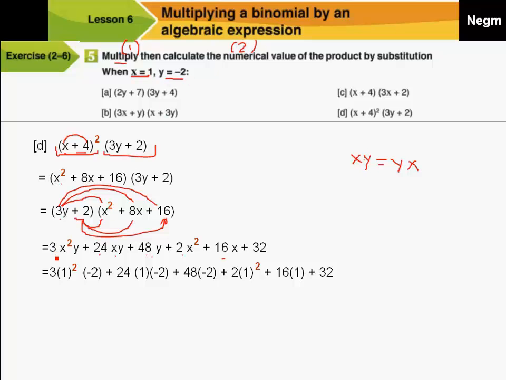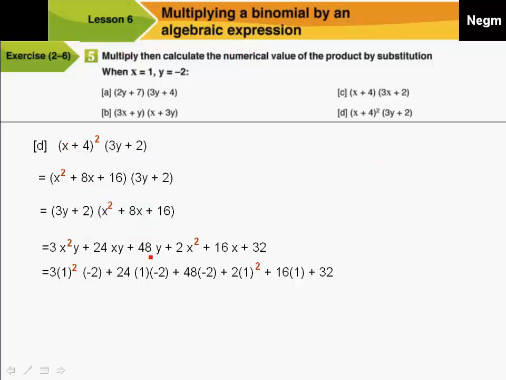This will be 3 times x substituted with 1 to the power 2, y is minus 2, plus 24, x is 1 multiplied by 1, which is minus 2, 24, y is minus 2, plus 2x to the power 2 is 2 times 1 to the power 2, plus 16x.